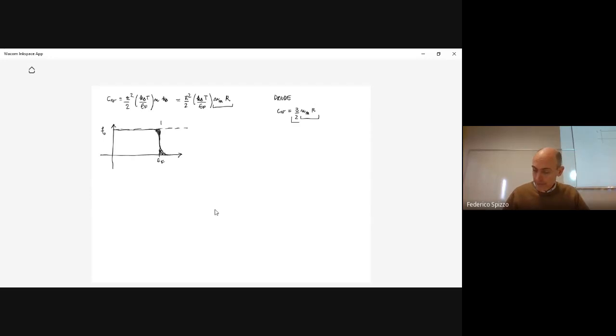Then we have a coefficient here, and here again we have a coefficient. It's not the same coefficient, but the order of magnitude is always unity or close to unity. What changes most is this fraction. This fraction is the ratio between the thermal energy and the Fermi energy.